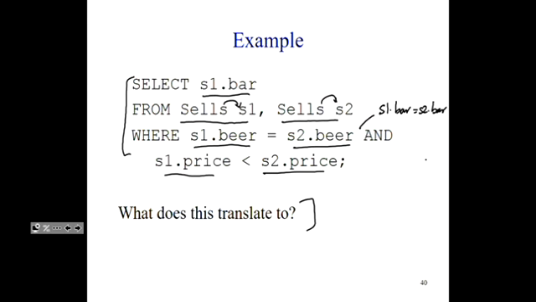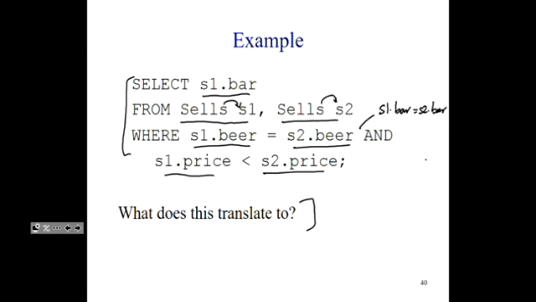Any questions or any suggestions? So this query doesn't quite make sense, because in some sense you are selecting the bars such that there is a beer that's sold by two different bars with two different prices.